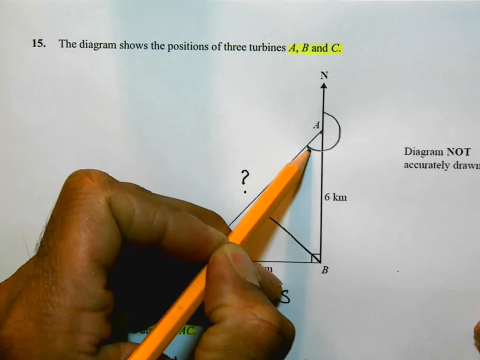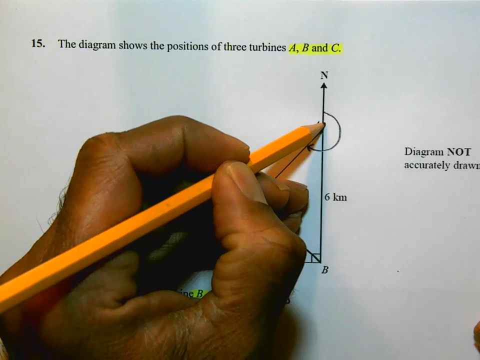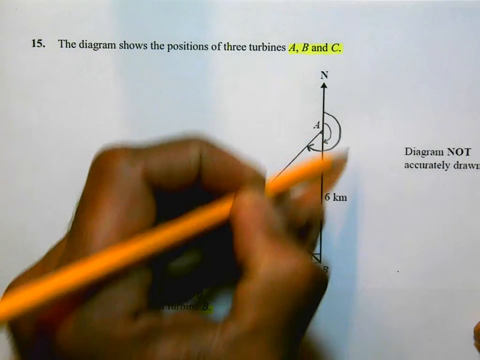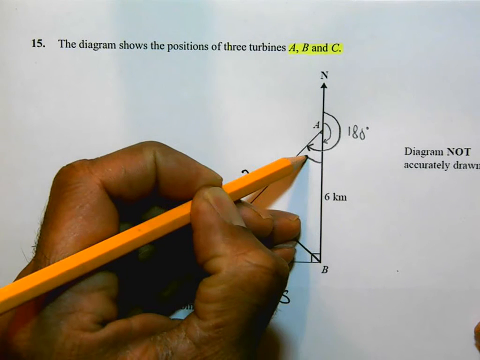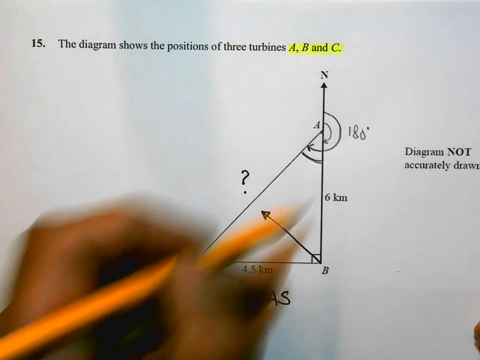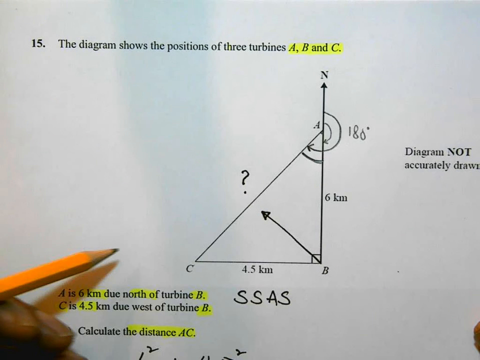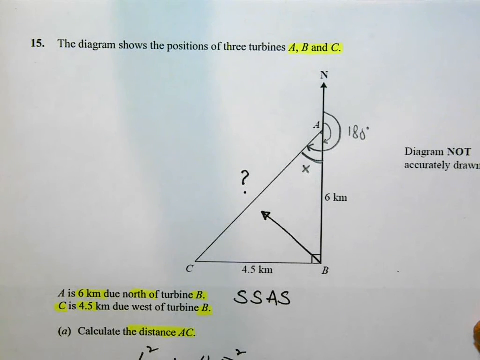This angle on this side up to this point is 180 degrees. So I just need to work out angle A in the triangle, add it to 180 degrees, and that would give me my whole bearing. If I call that angle X, I need to work out angle X.